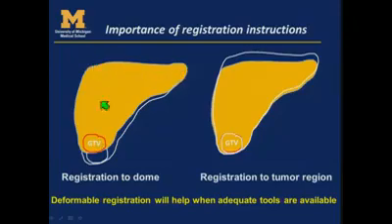And so if somebody doing the alignment doesn't know where the tumor is, they might actually align to the dome, and your GTV is clearly not anywhere near where the tumor actually is. But if you actually give them instructions to where to align, then you actually have a much better registration. In the future, once we have better deformable registration tools, this will not be necessary, but right now they're just not perfect.